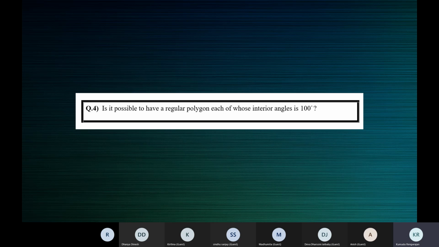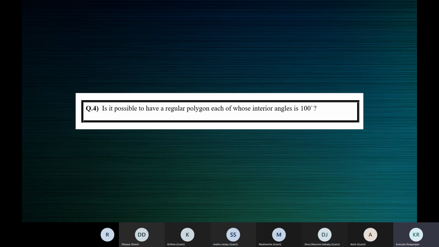Now here, when you say 180 minus exterior angle, it will not help much. How do we find the sum of all the interior angles, children? (n-2) into 180, ma'am. Very good. (n-2) into 180.